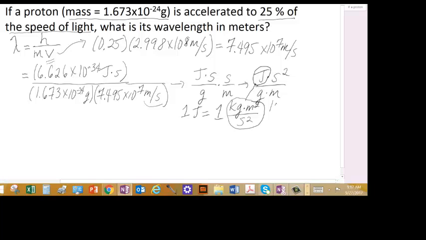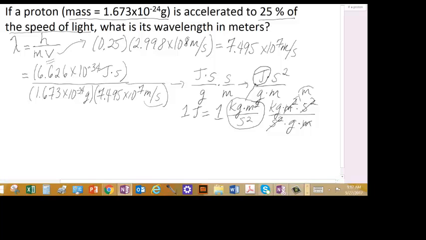If we do that, we're going to get kilogram meter squared per second squared, and in the denominator we have second gram meter. So let's see what happens here. Seconds cancel, one of the meters cancels, so we're left with kilogram meters per gram.